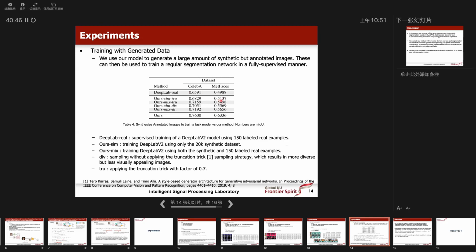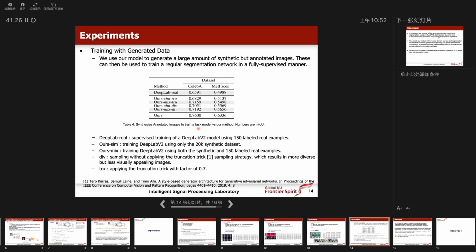And we can see from the results that by using the labeled dataset and making use of the large amounts of unlabeled data, the proposal can achieve the best result compared with the other strategies, or just training the model with the labeled data in a supervised manner, or training the model with both synthetic data and real data.